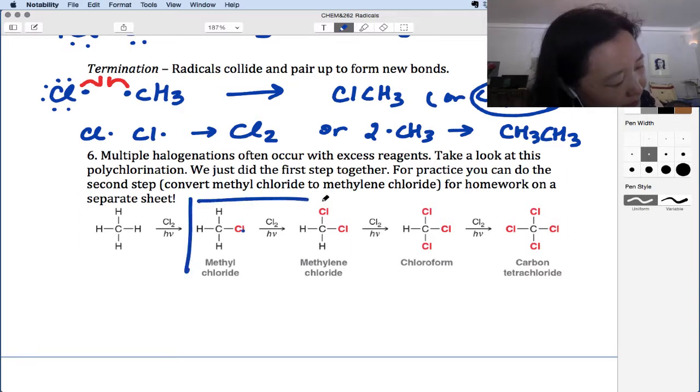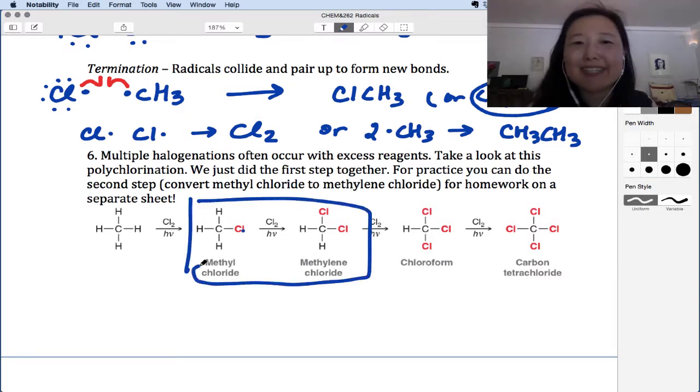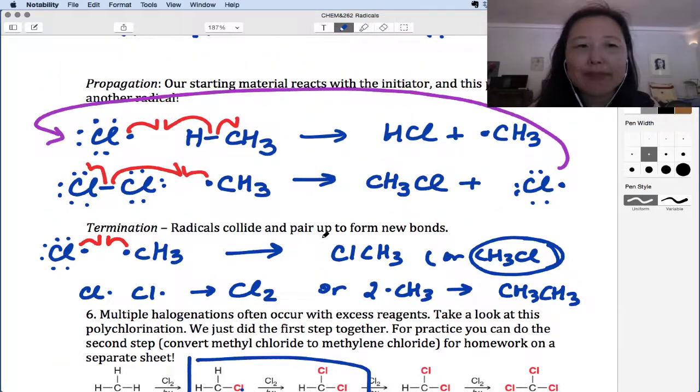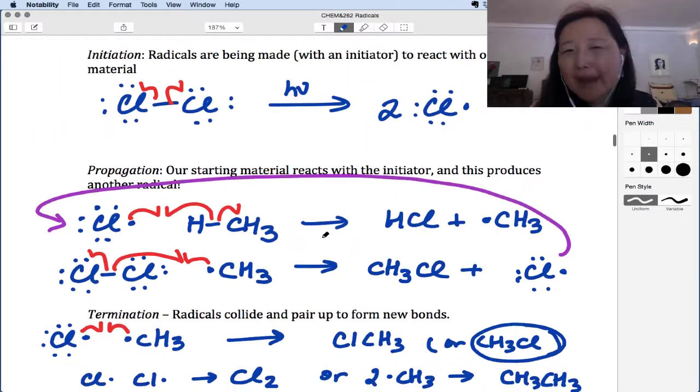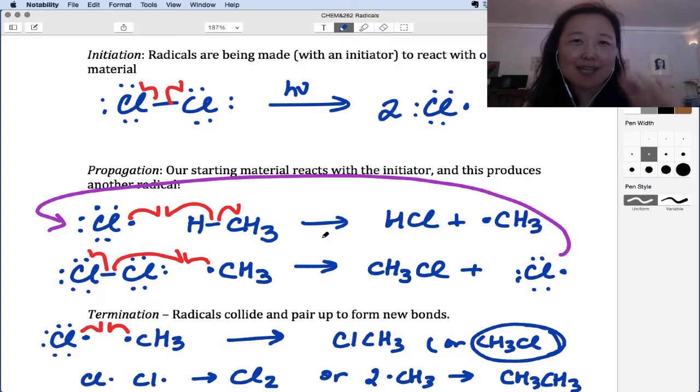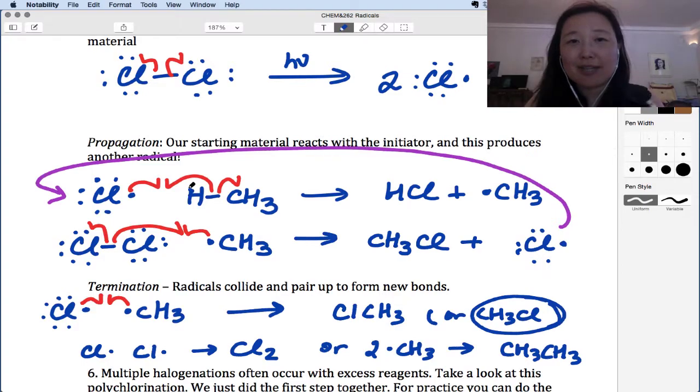So I want you to take this reaction and show how you can apply this radical mechanism. One more thing: when we do a radical mechanism, we always write it out in steps. We always say initiation and show the reaction, propagation and show those reactions, and then termination and show those reactions. Try to follow that form and practice your arrow electron pushing.